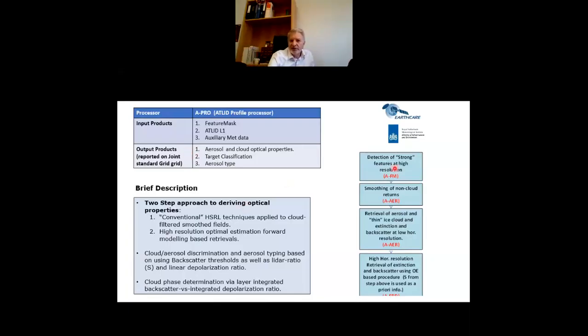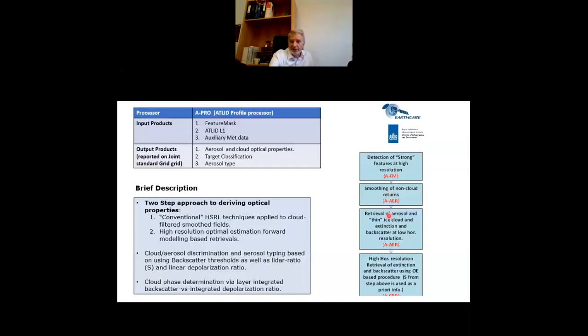So the first algorithm, AFM, which I'll mention, but I can't remember if I go into detail. That tells you where the big features are, not what they are. A-AER uses that information to get the smoother background aerosol and cloud fields.